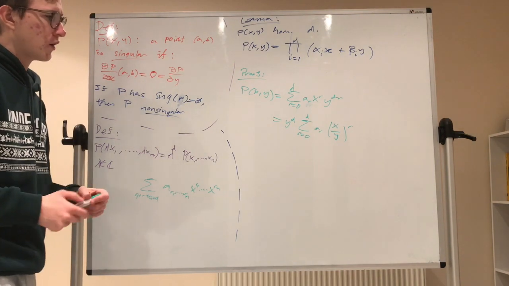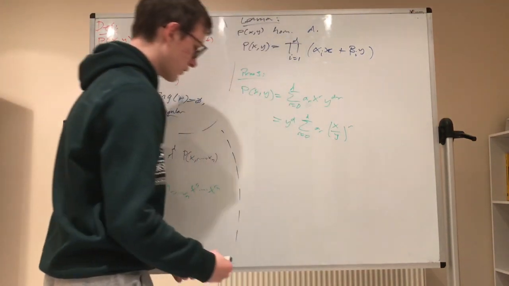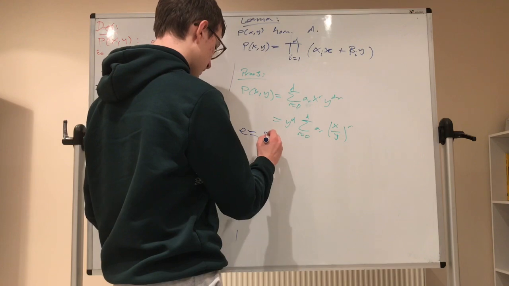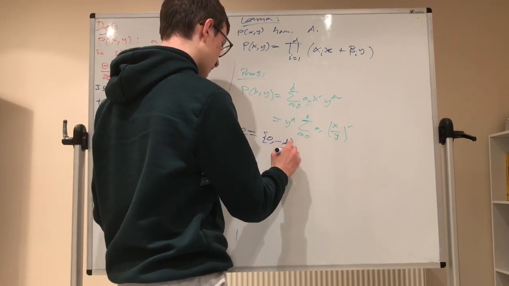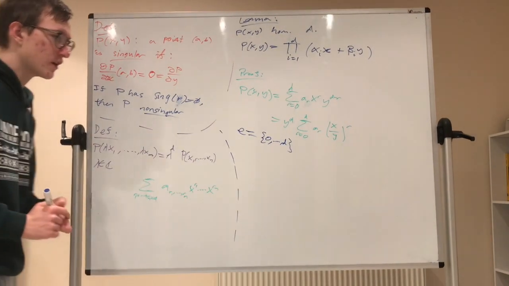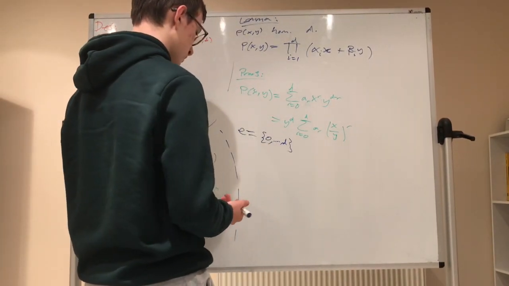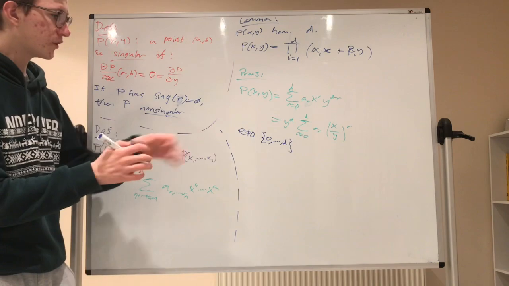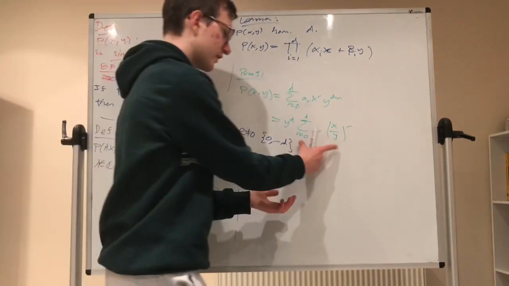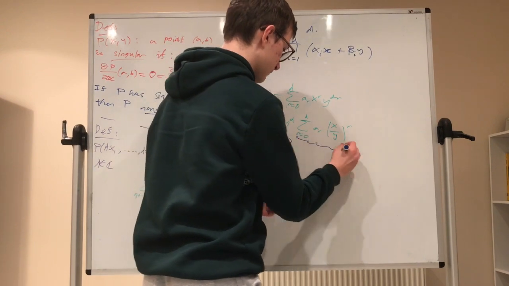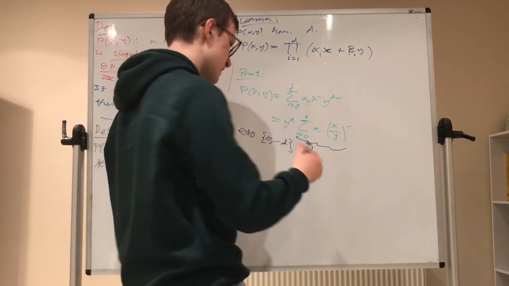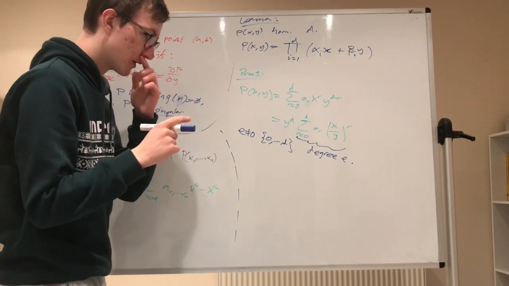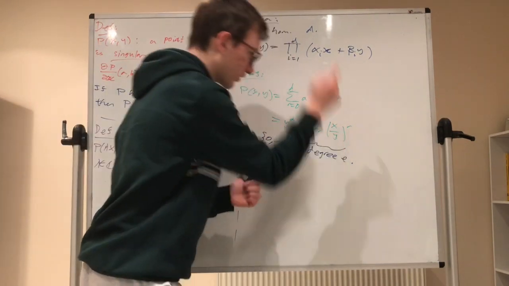And so now if we let e be the biggest number in this set of natural numbers between 0 and d, such that a e is not equal to 0 (here I misspoke), then this sum right here is a polynomial of degree e, and it's of a single variable, x over y.